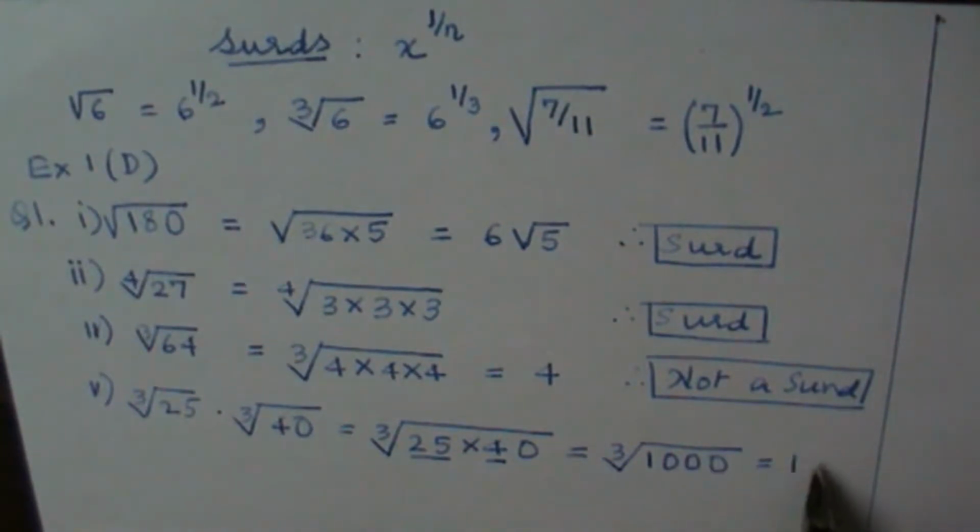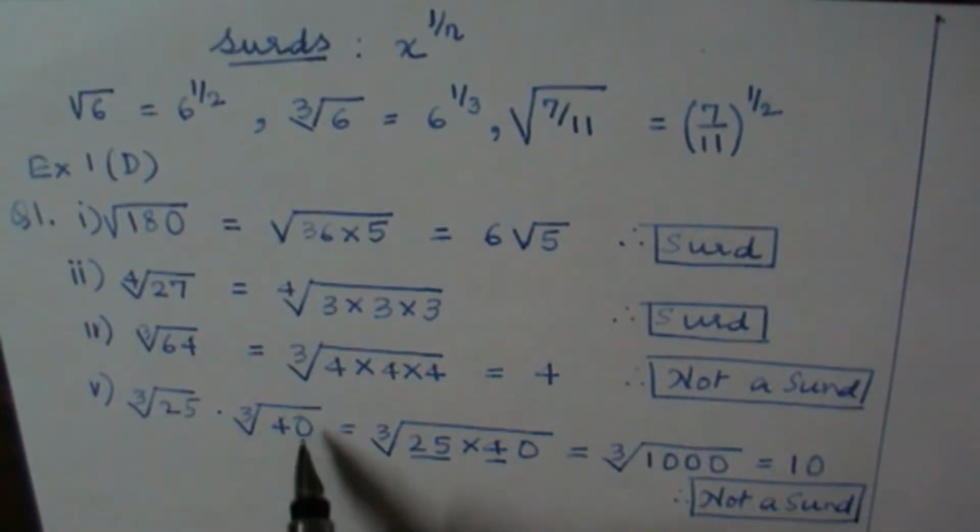So that's going to give me 10, and that is a rational number, so you will say therefore not a surd. So apparently you will see that it looked like a surd, because you cannot take cube root of 25, you cannot take cube root of 40, but it is not a surd.